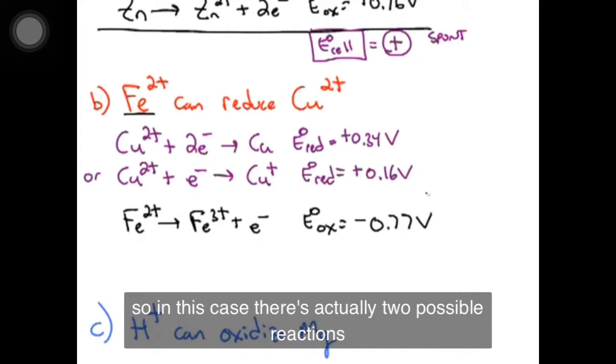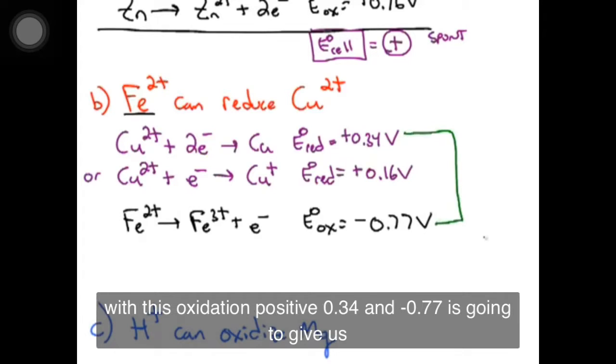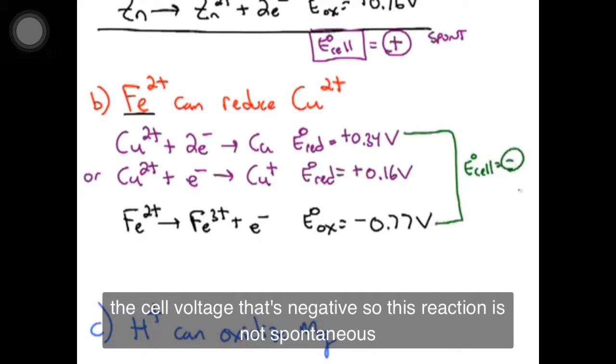So in this case, there's actually two possible reactions that can occur. We could take the first reduction and pair it up with this oxidation. Positive 0.34 and negative 0.77 is going to give us a cell voltage that's negative. So this reaction is not spontaneous.